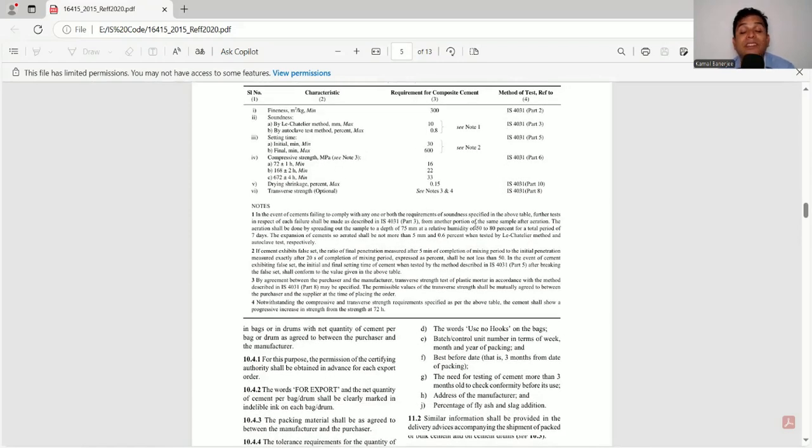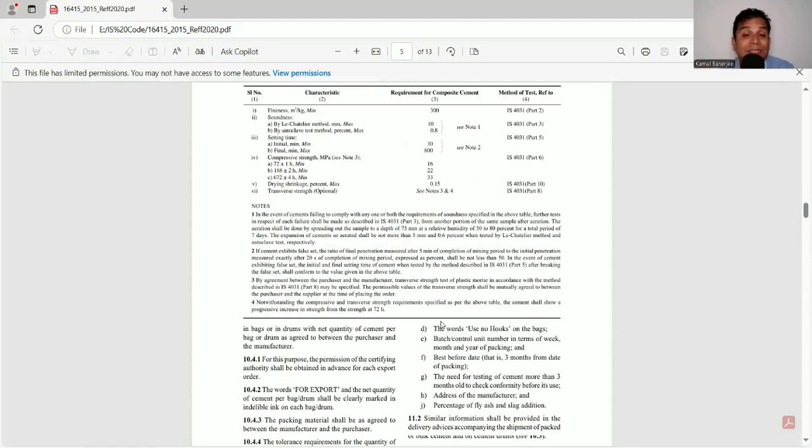Next is compressive strength. It is very important to know the compressive strength of the composite cement. Minimum in 72 hours is 16 MPa, 168 hours is 22 MPa, and 672 hours, that means 28 days, is 33. So the grade of this composite cement is 33.